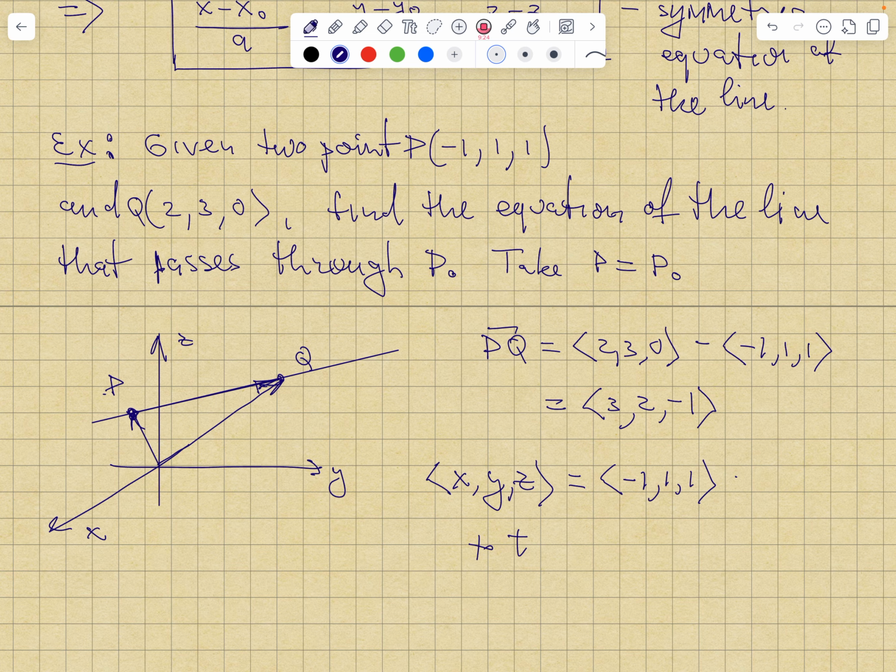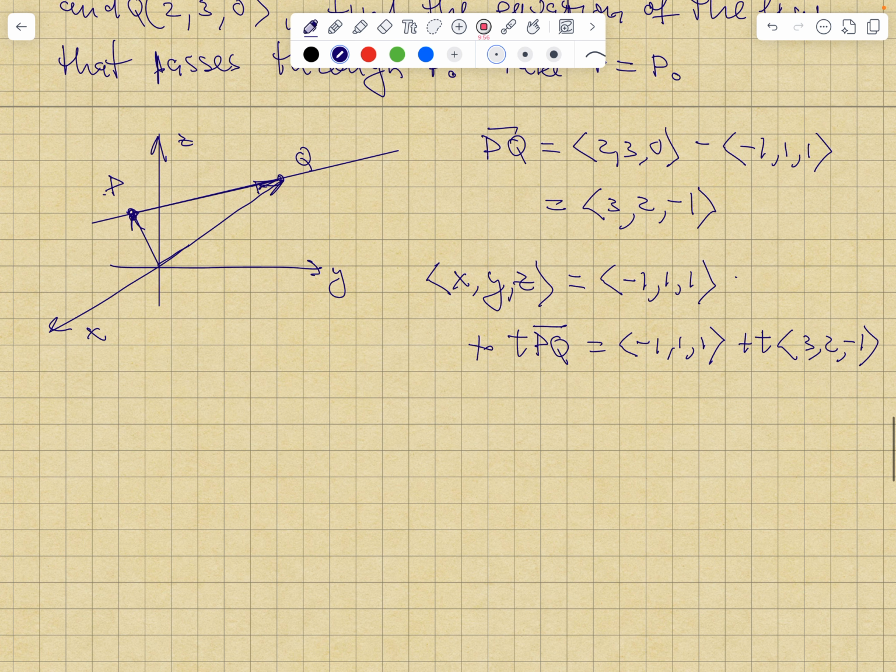So it's (-1, 1, 1) plus t times (3, 2, -1).